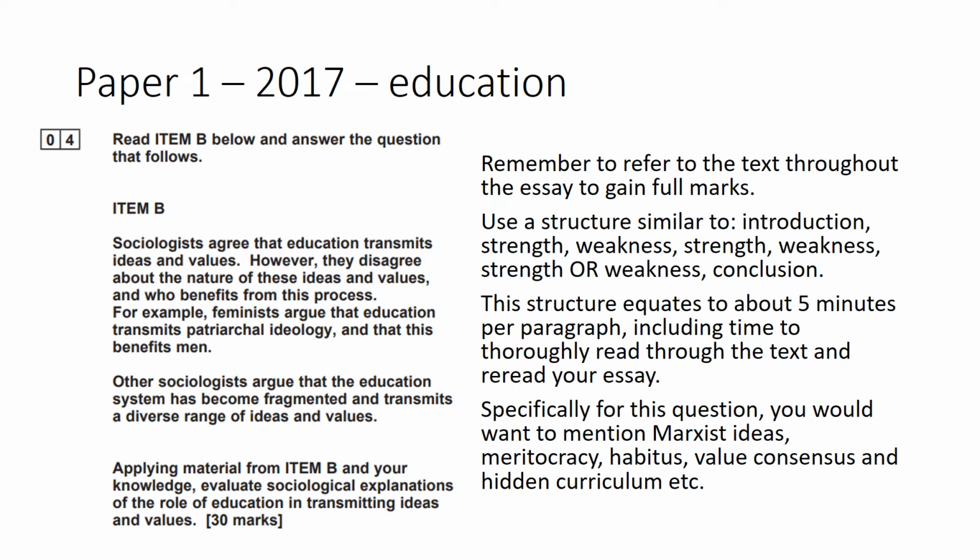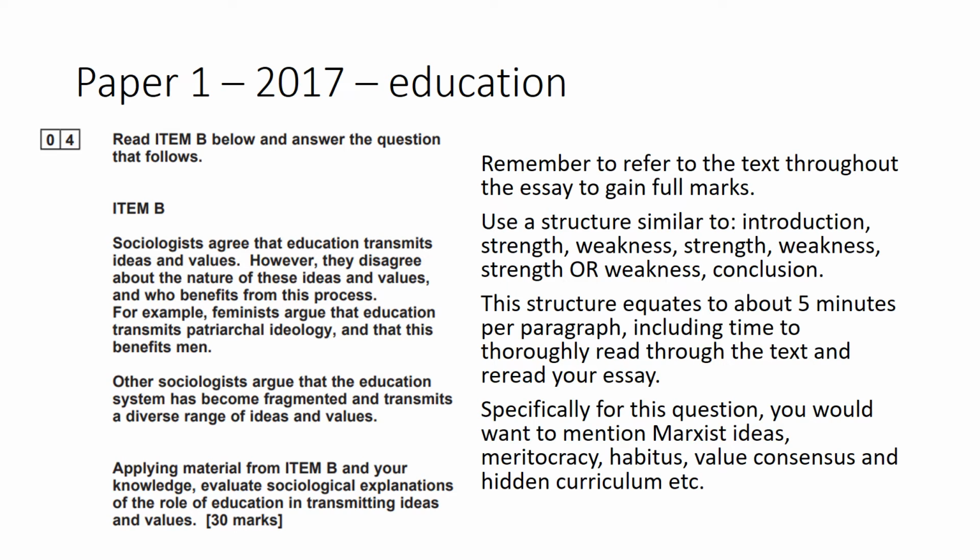On question 4, this is evaluating sociological explanations of the role of education in transmitting ideas and values. One thing I want to say, which I forgot to mention on the previous slide, is that to get full marks in these questions with items, you have to refer to the text throughout your answer. If you write your essay, it could be beautiful, but if you completely ignore the item and don't mention it, you lose marks.